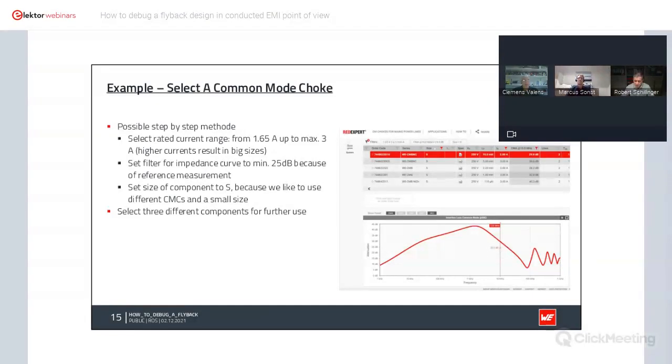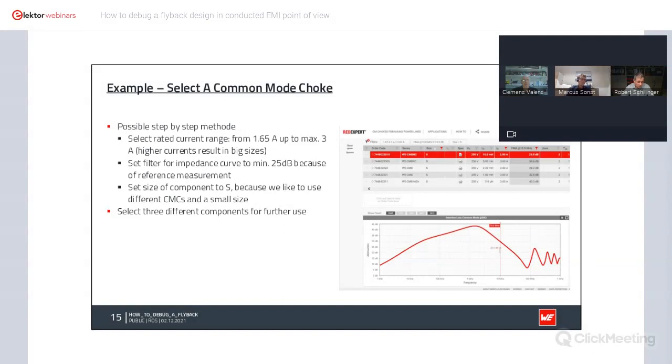To set the correct impedance, I use a filter tool. You can see the slider in the picture below, and I set it to a minimum value of 25 dB, because I looked at the reference measurement, or simulation in this case, and fit this to 25 dB.